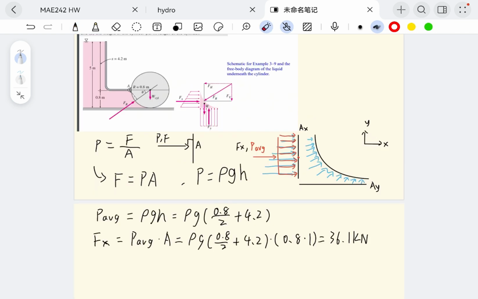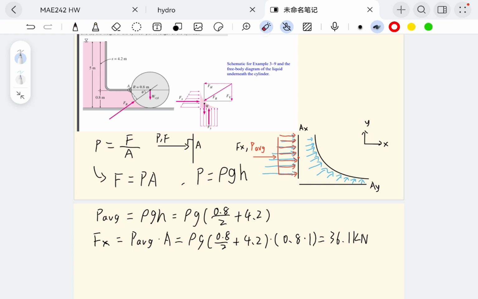How about the vertical forces that are acting on AY? We know that the water is exerting pressure on the surface that it is touching. So we know that the pressure will be on AY as well, which is this length. That's it. And it's 5 meters deep.